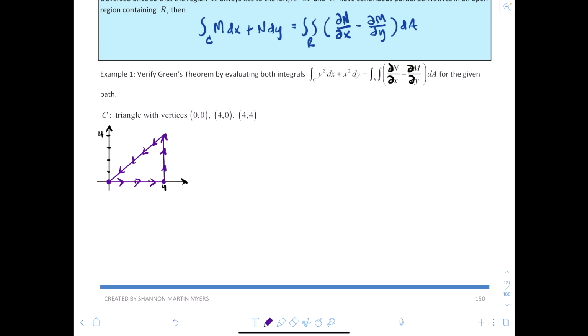So r of t will be equal to, so from t going between 0 and 4, it's the horizontal line y equals 0, right? So you're always going to have an output of 0 for your j vector, but your i vector will vary along t.